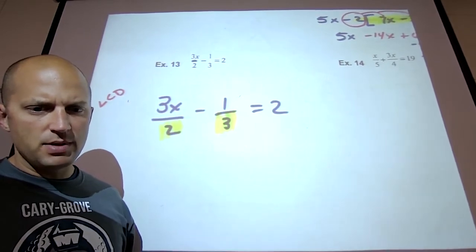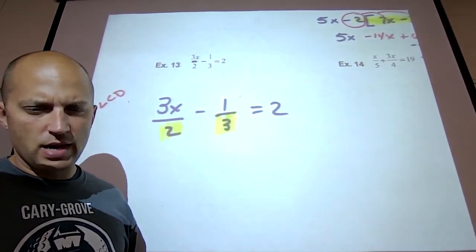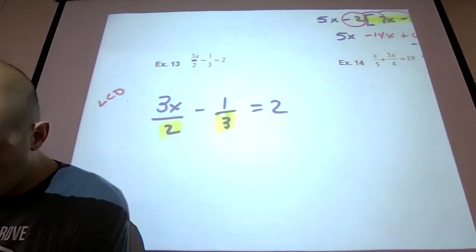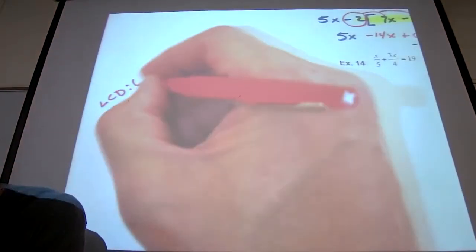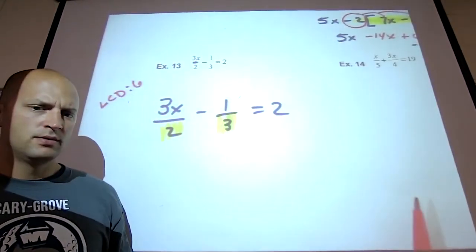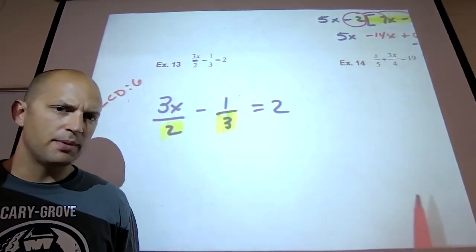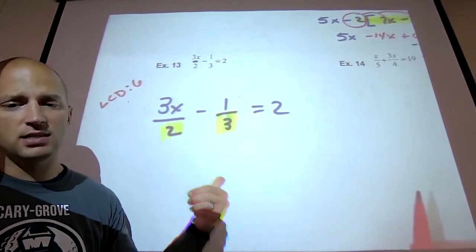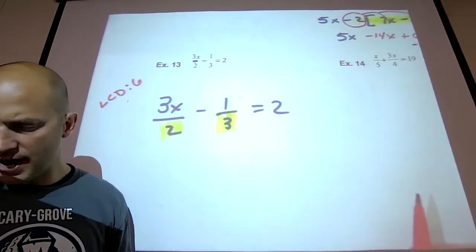What's the LCD between 2 and 3? 6. Greg says 6. Perfect. When in doubt, you can always just multiply those two denominators together, and that's going to be your common denominator. It might not be your least common denominator, but at least you're going to get rid of those fractions.